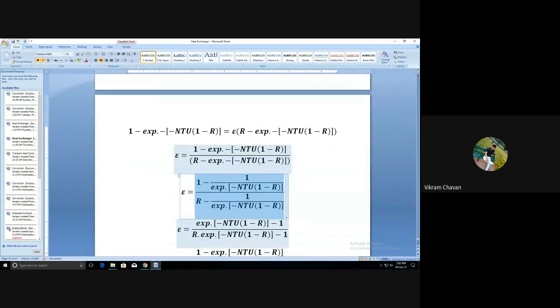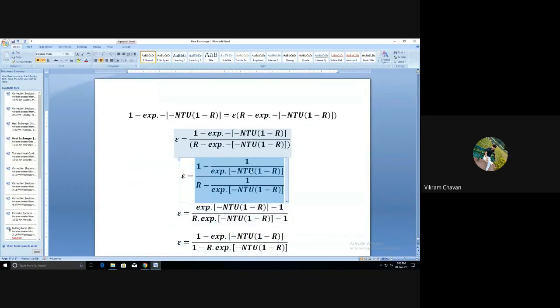So further, after cross multiplication, to make the base same, in the numerator also the base is exponential of minus NTU (1 minus R), and in the denominator also the base is exponential of minus NTU (1 minus R), so that will be cancelled.